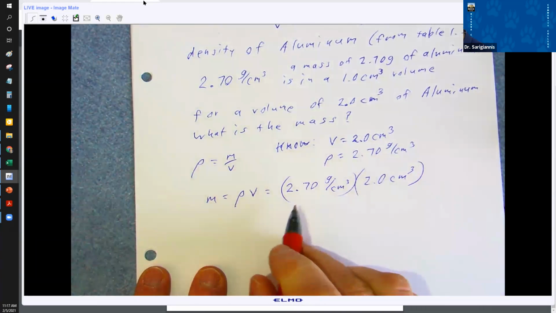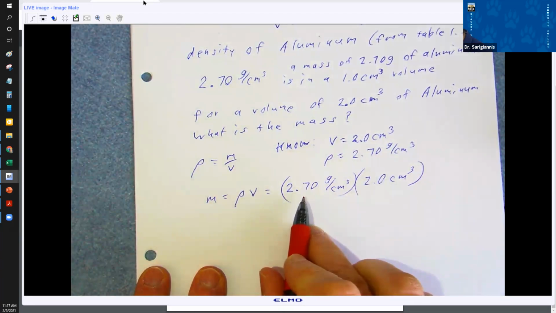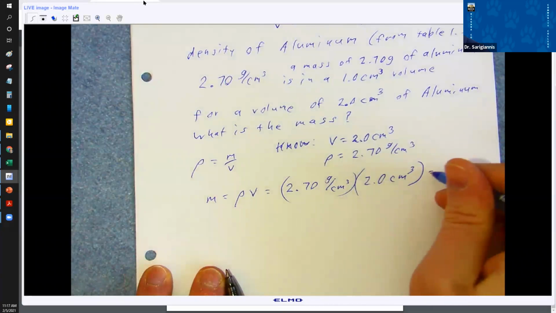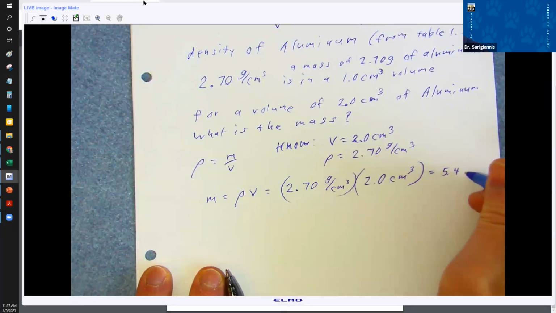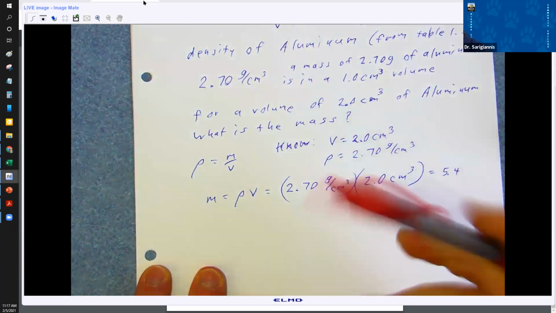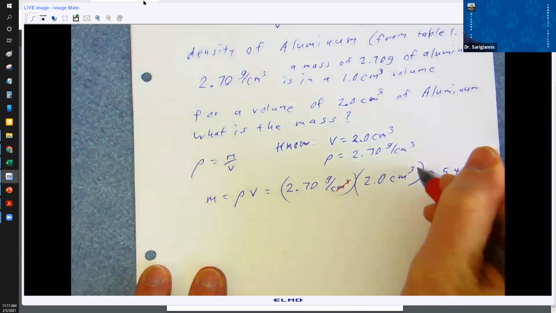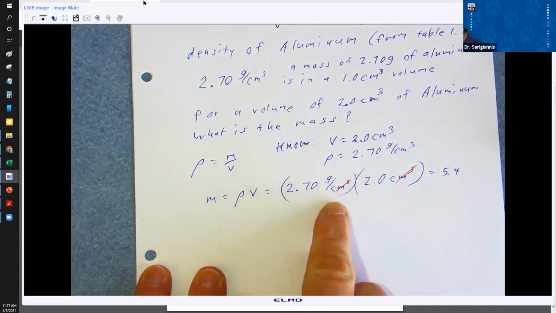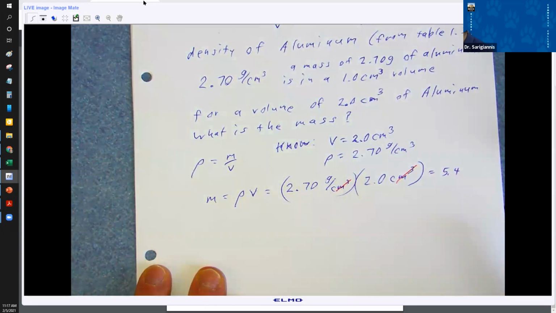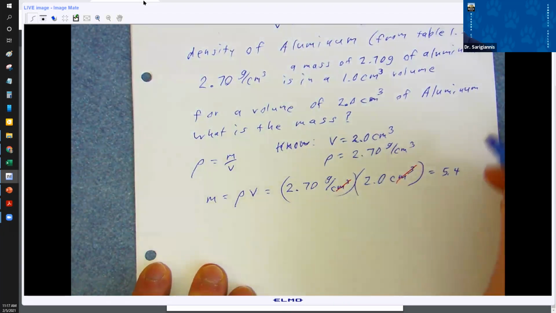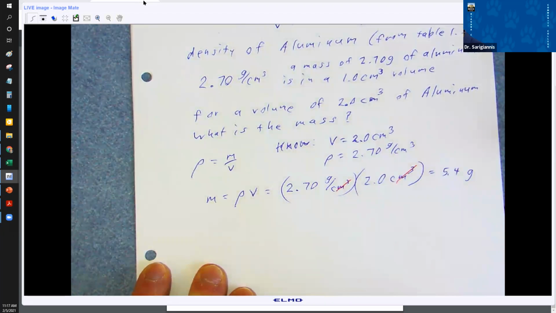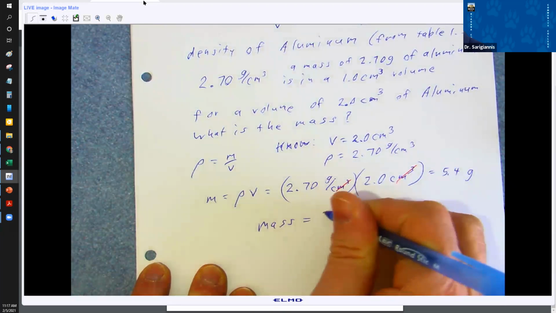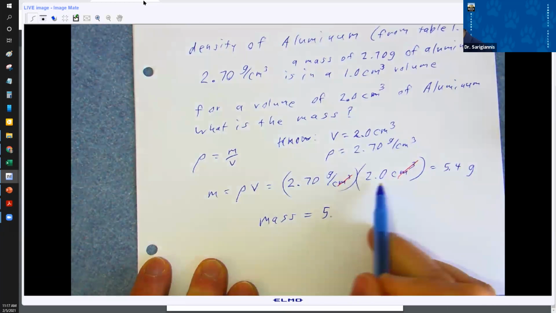We multiply and we get 5.4. And then the cubic centimeters cancel, because we've got grams divided by cubic centimeter, times cubic centimeter on top. So we're left with 5.4 grams. So the mass equals 5.4 grams, and this is where you check your significant figures.